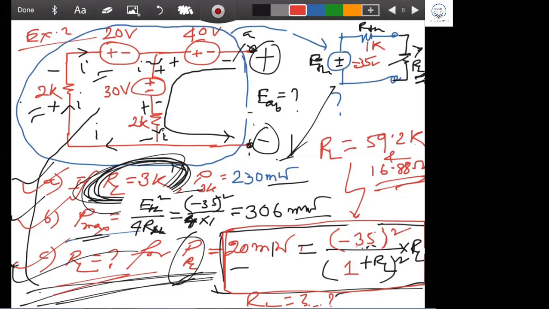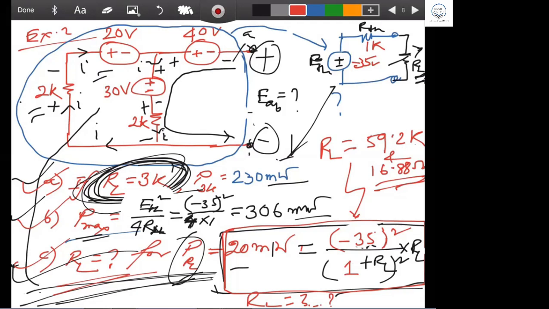question A, B, C. First of all, find the Thevenin equivalent, which you have done already. After that, solve the problem A, B, C. So the question will be like that in the exam. So what is this? Example 2 is the problem which is the combination of two things. What combination?